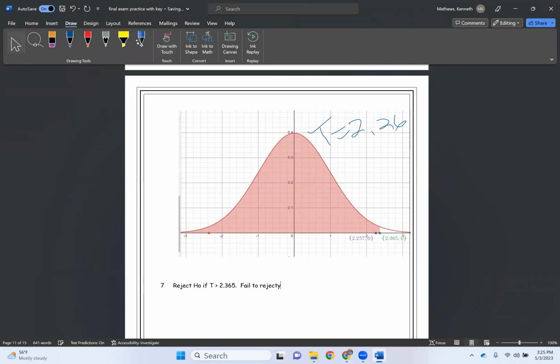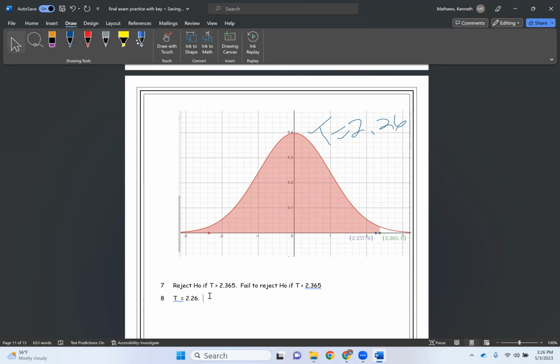Fail to reject the null hypothesis if t is less than 2.365. What do we know? That t is equal to 2.26, which is the same thing as 2.257. Same thing.